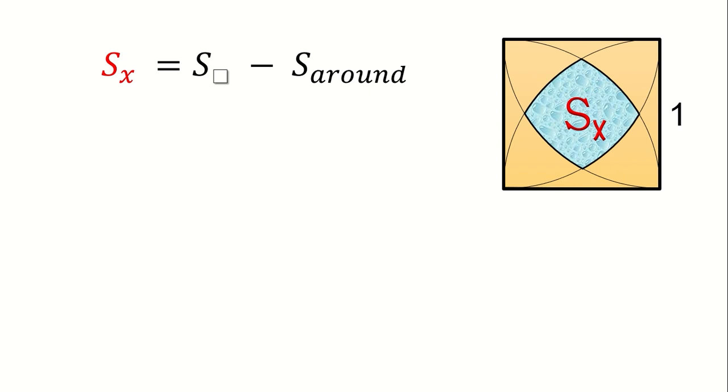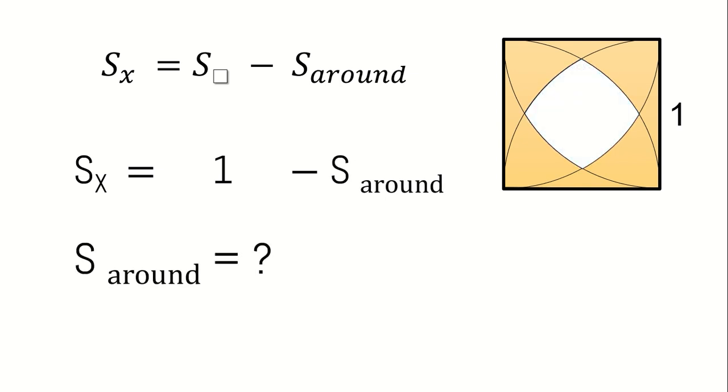So S around is all the area of the round area around the blue colored. So we have S square and we just have to get the S around. To get the S around, we have to pay attention to the matter that S around is equal to 4 times S1. So here we can write Sx is equal to 1 minus S around, and S around itself is equal to 4 times S1.